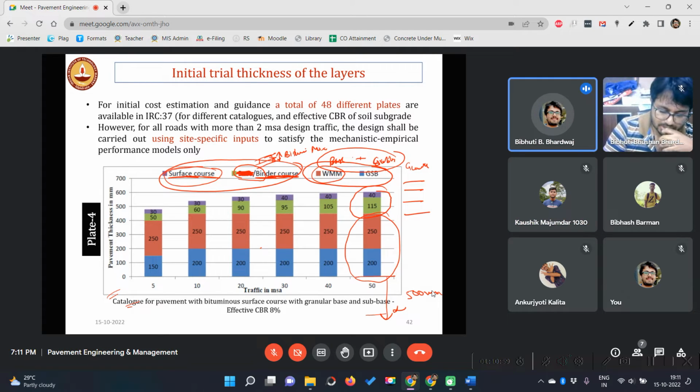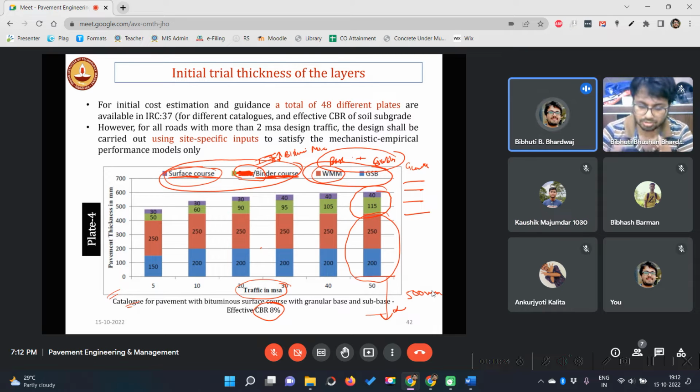These charts vary with CBR percentage as well as traffic. So these two things you should know: the CBR of the soil that you are using in the subgrade, that is your foundation.